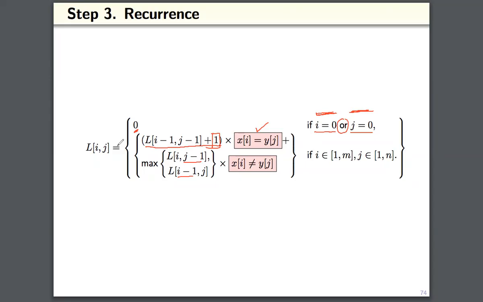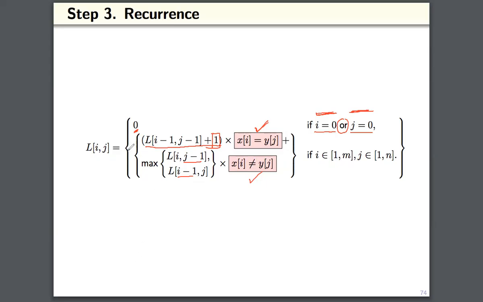A question here: why is the second part of the equation a plus instead of maximizing over all of the three? I added this because it won't affect the result. Either this will be correct or this will be correct, one of them will; they are mutually exclusive.